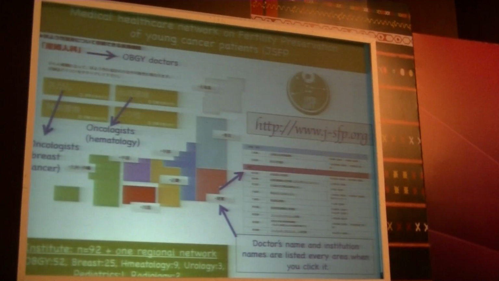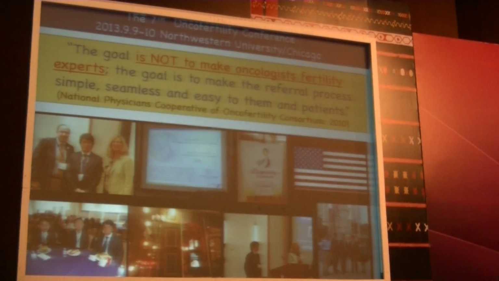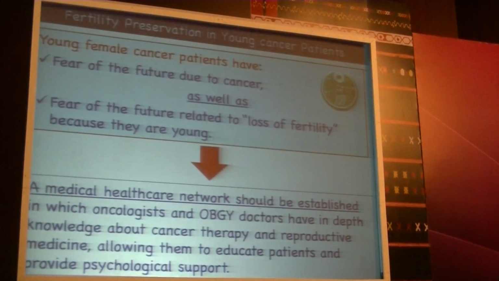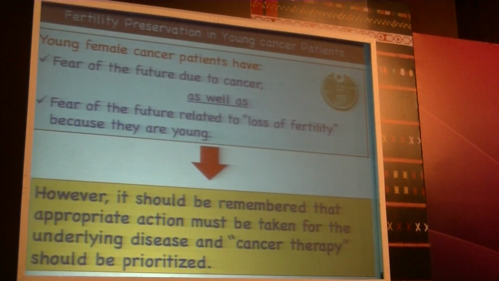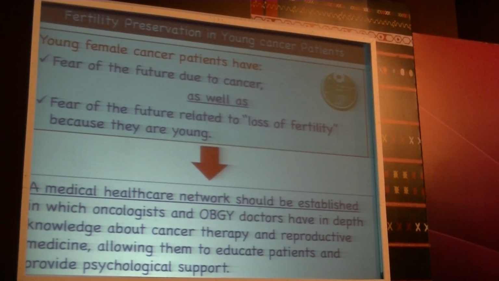So finally, I will introduce this slide. Young female cancer patients have fear of the future due to cancer, as well as fear of the future related to their loss of fertility because they are young.